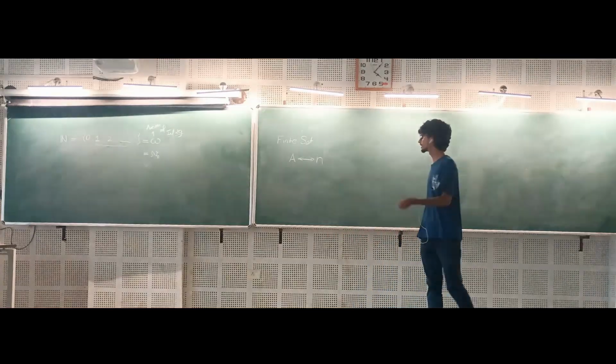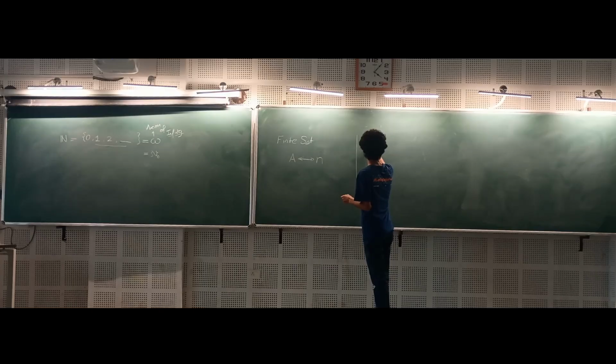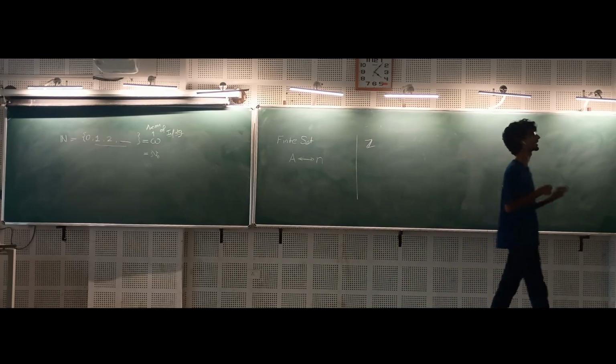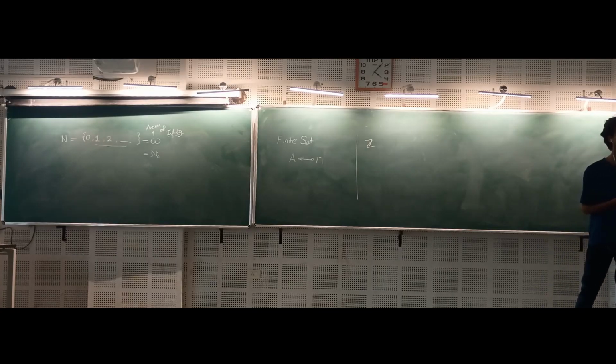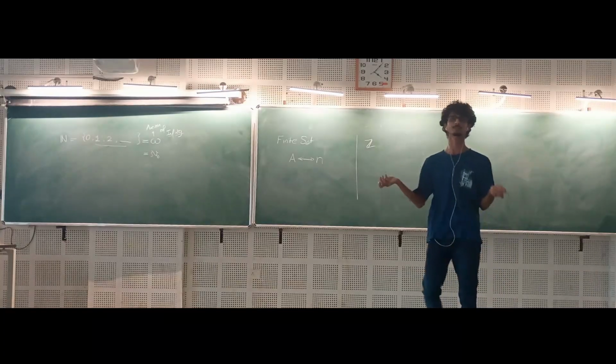We can label each of the elements in such a way that all of the elements will be covered. Okay. You guys know what integers are? Are there more integers or are there more natural numbers?